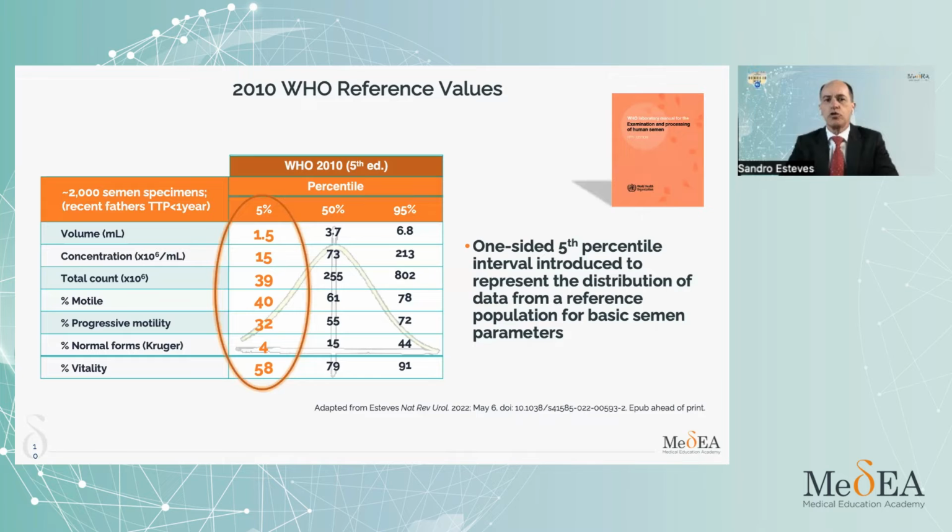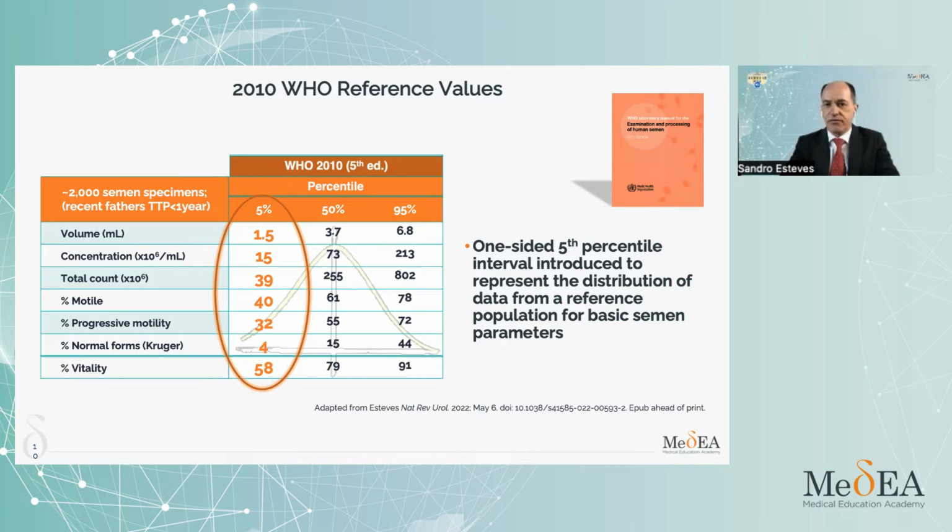But perhaps the most remarkable change between the 2010 manual and its predecessors was the incorporation of clinical chemistry foundations to generate reference ranges for semen volume and basic semen parameters.